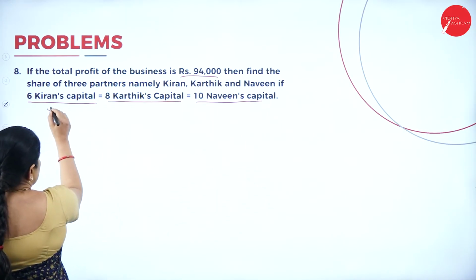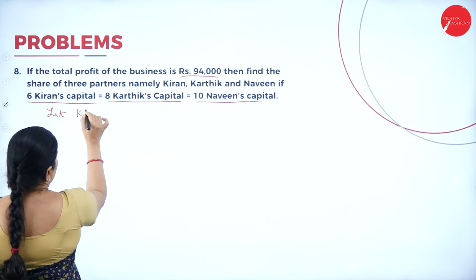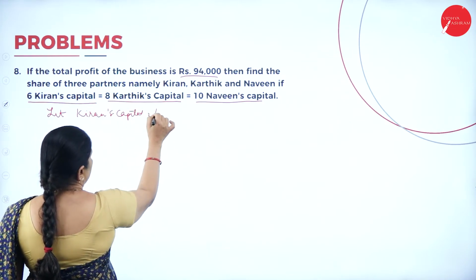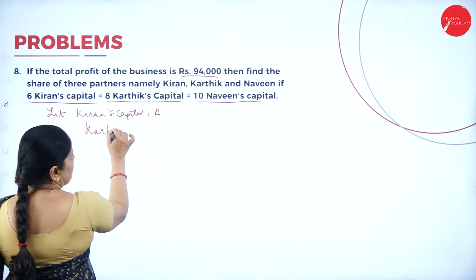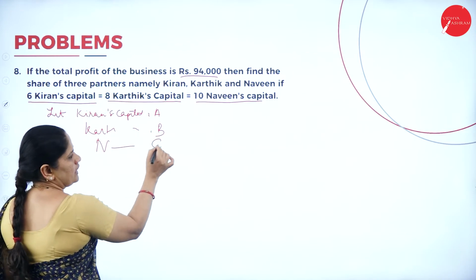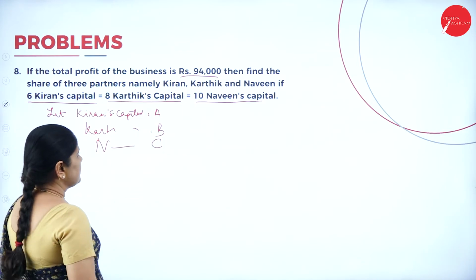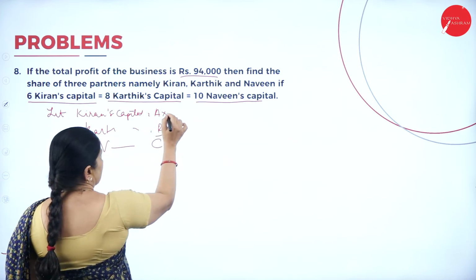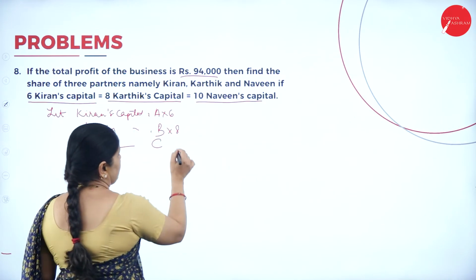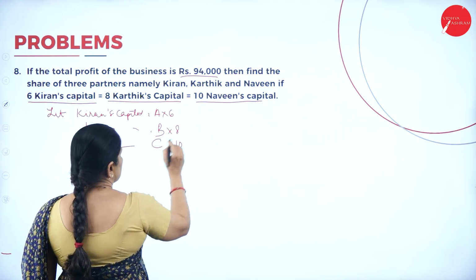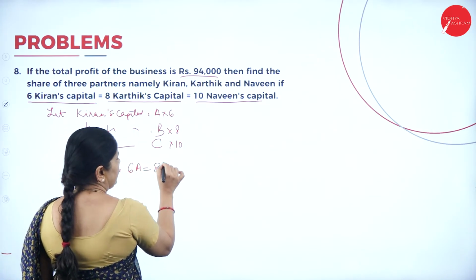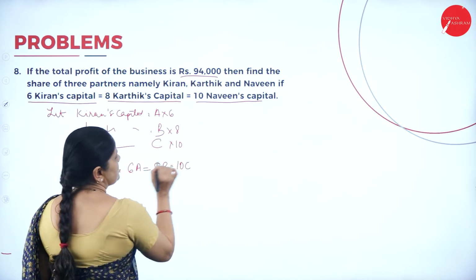So let Kiran's capital be equal to A, Karthik's capital is equal to B and Naveen's capital equals C. Now what is given? 6 times Kiran's capital, 8 times Karthik's capital, then 10 times Naveen's capital. So they have given this as 6A equals 8B equals 10C.